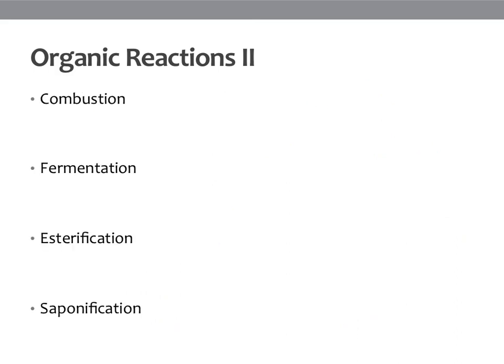Now we go on to some of these other ones. The most important thing you need to know about these 4 reactions is what's required for them or what they make. Okay, so combustion, usually take an organic compound because carbon's a necessary component to this, plus oxygen to yield CO2 and water.